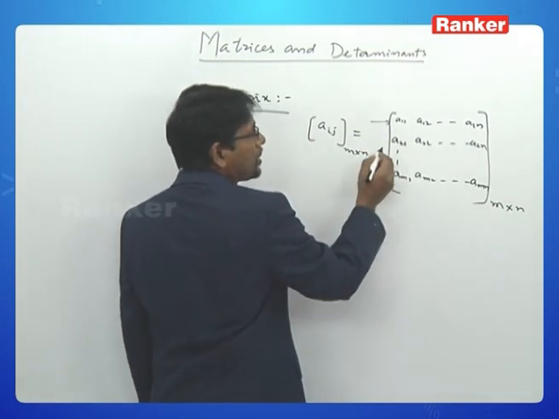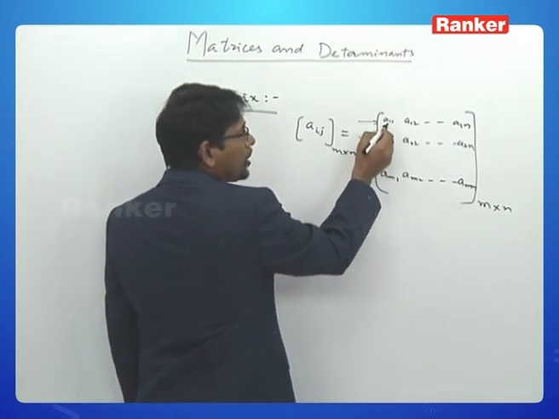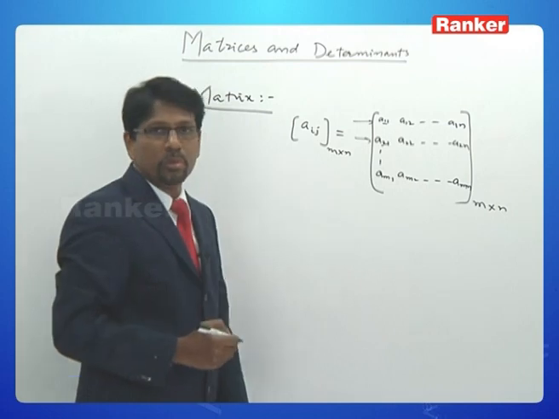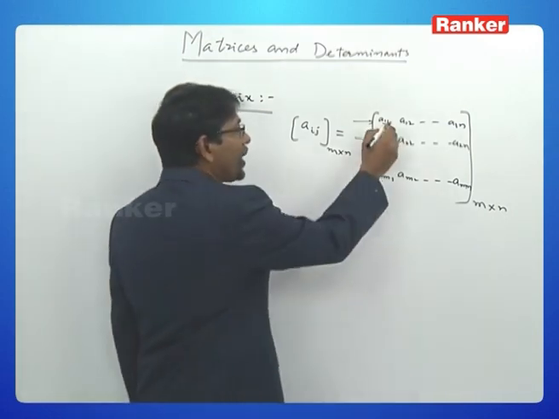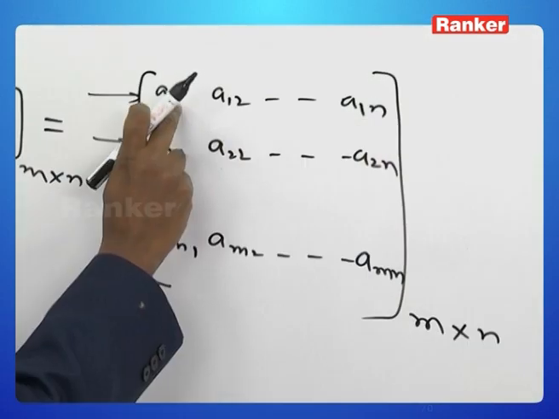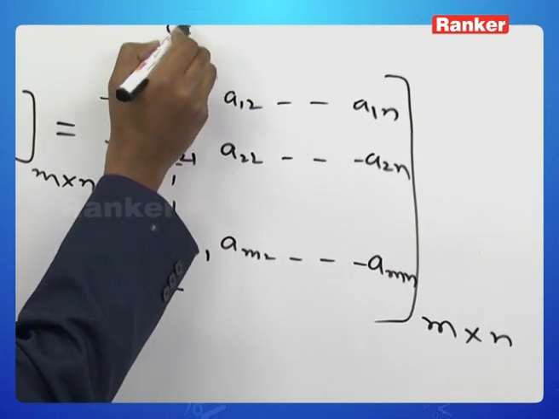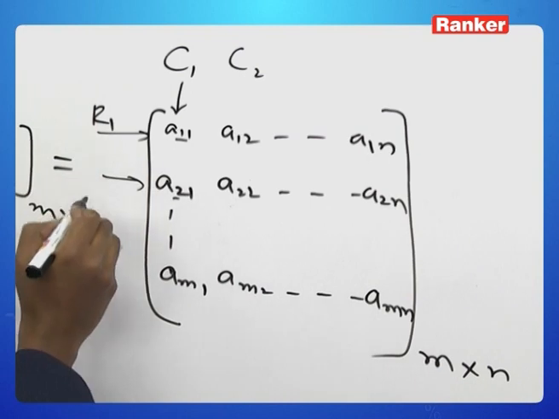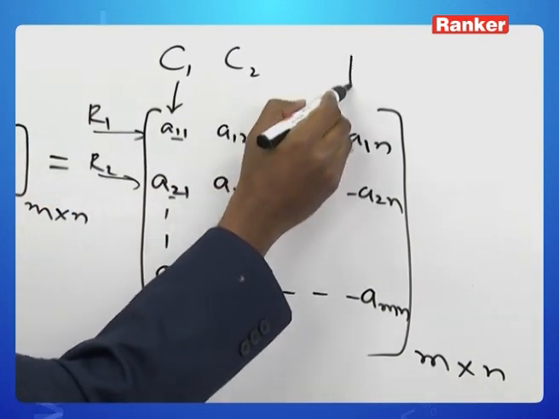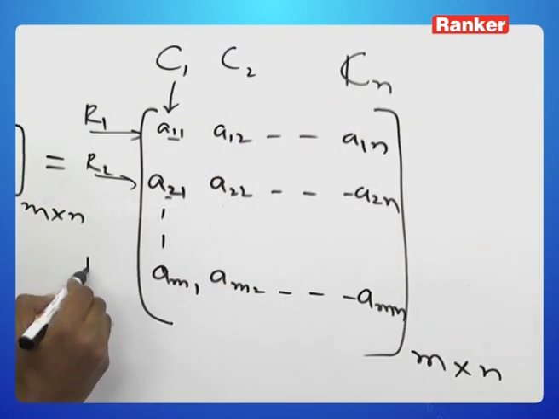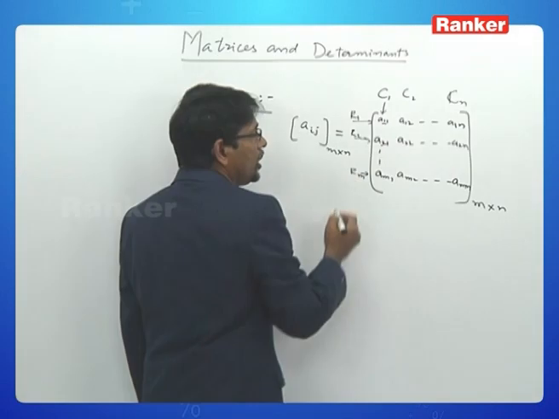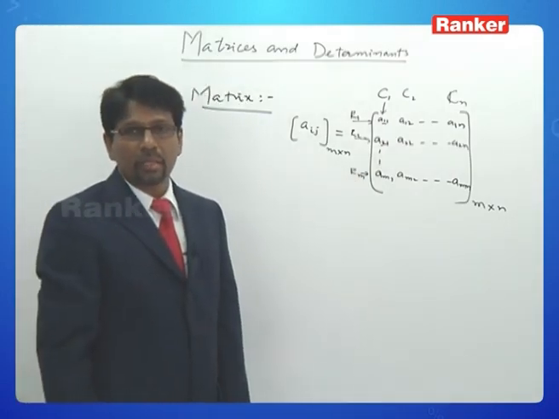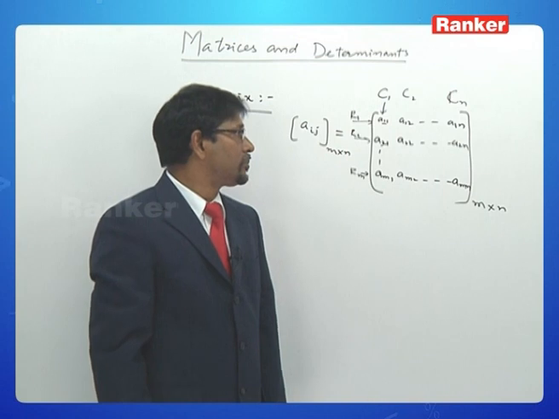The first suffix points to the row position, and the second suffix points to the column position. This is column 1, this is column 2, row 1, row 2, and so we have column n and row m here. So this is an m-row, n-column matrix.